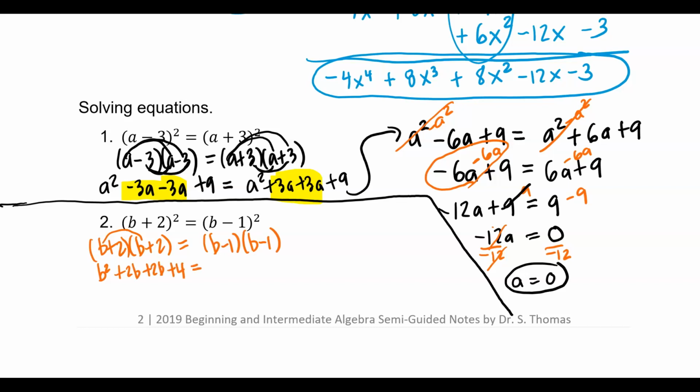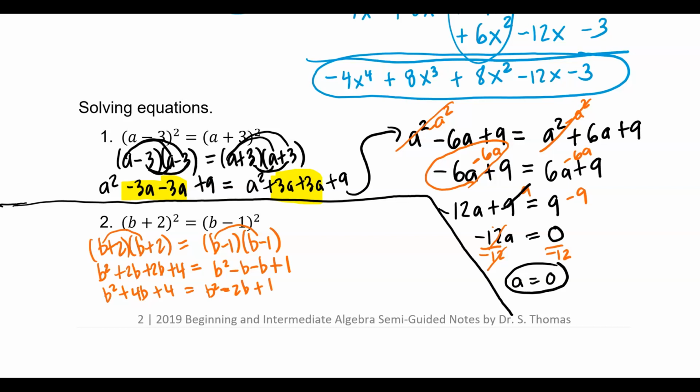When you multiply all of that together, on the right side we have b squared minus b plus 1. Let's put like terms together. We have b squared plus 4b plus 4 equals b squared negative b minus b. Again, not opposite signs here, so they do not cancel. You get negative 2b plus 1.